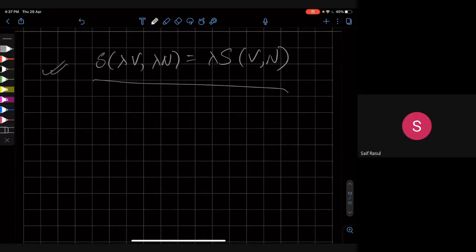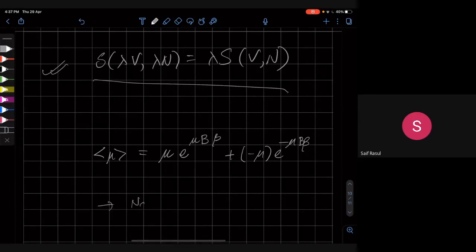All you have to do is, this is actually stolen from Wikipedia. The expression is, what is the average value of the magnetic moment? It's the magnetic moment times the probability that it's spin up, and the probability that it's spin down, right? Now it's very easy from here to translate this to n up and n down, right?